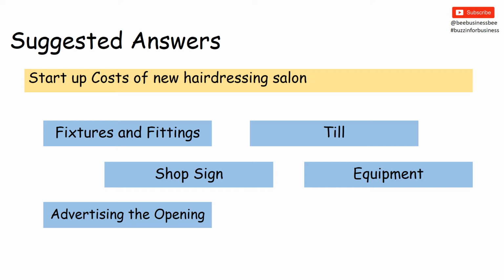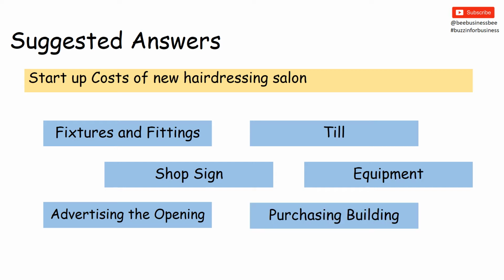Advertising the opening, so if you're advertising just the opening, not an ongoing advertising, just as a one-off opening, and even purchasing the building if you're going to purchase the building. For example, those are all examples of startup costs, so one-off costs that you might have in the business.